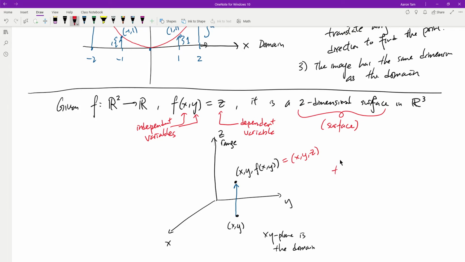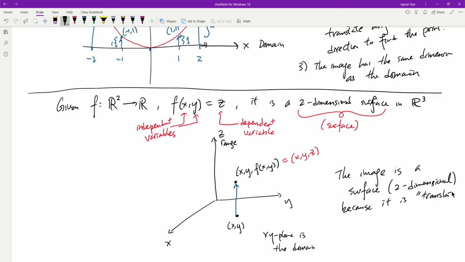So in this case, the image is a surface which is two-dimensional because it is more or less, quote unquote, a translation, now not technically speaking a true translation, of the domain, which is R2, and therefore also two-dimensional.